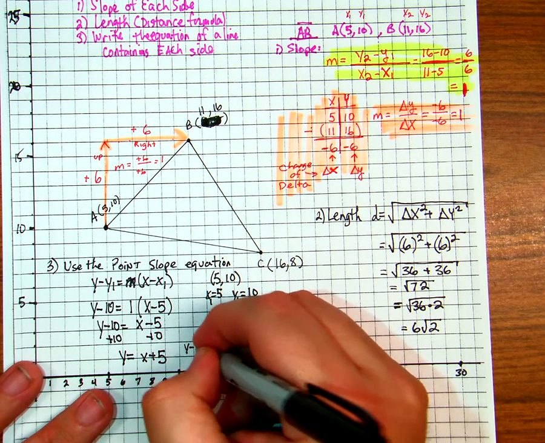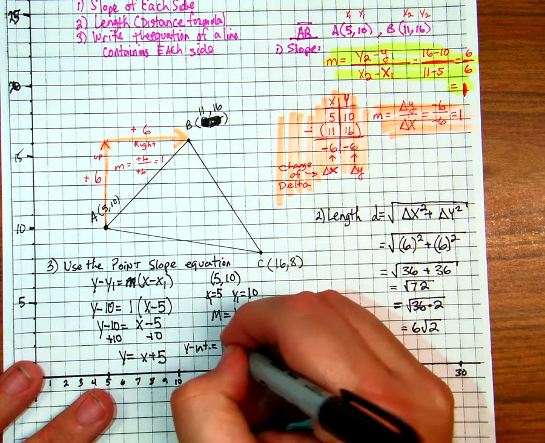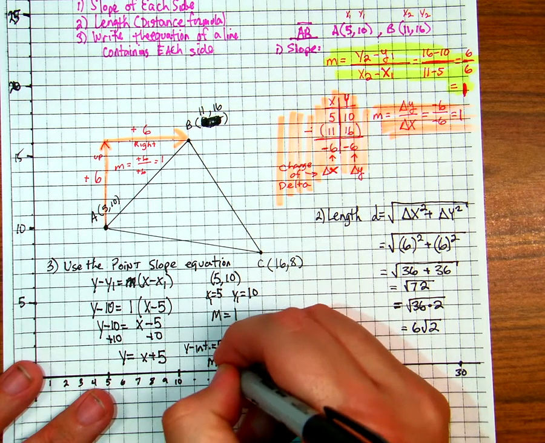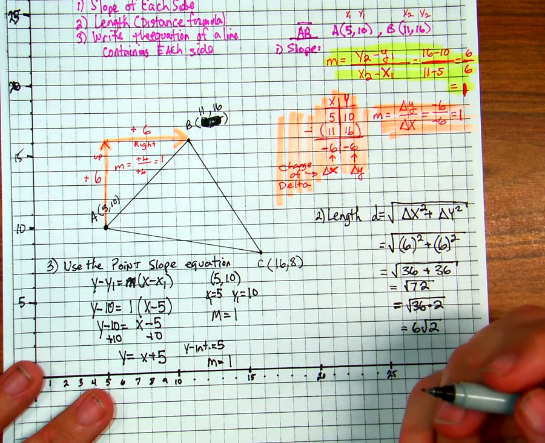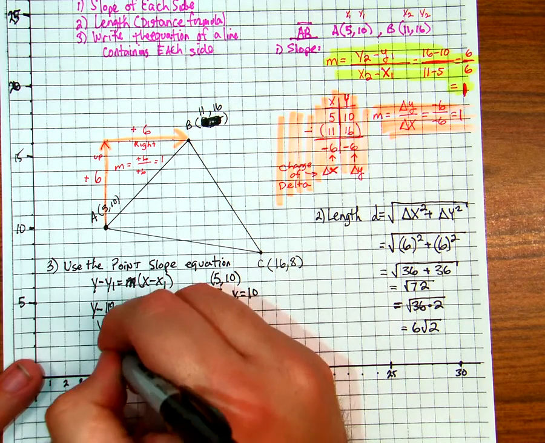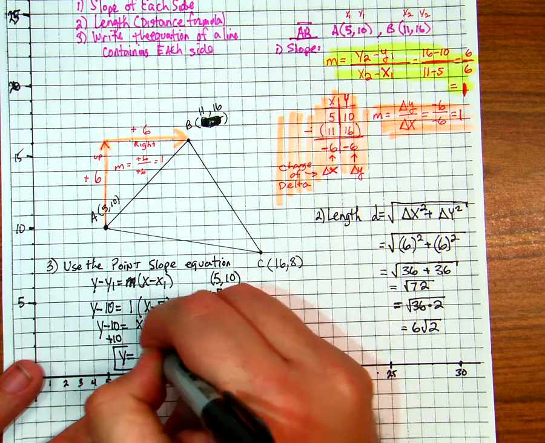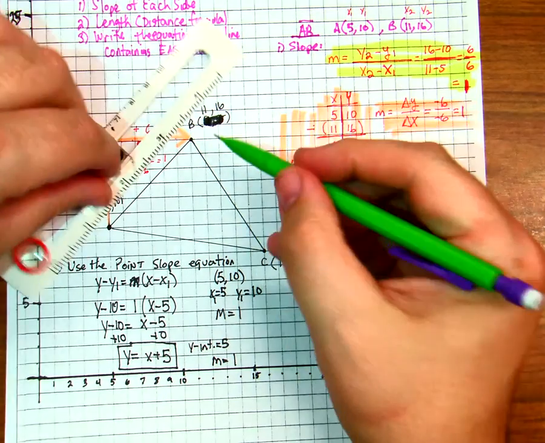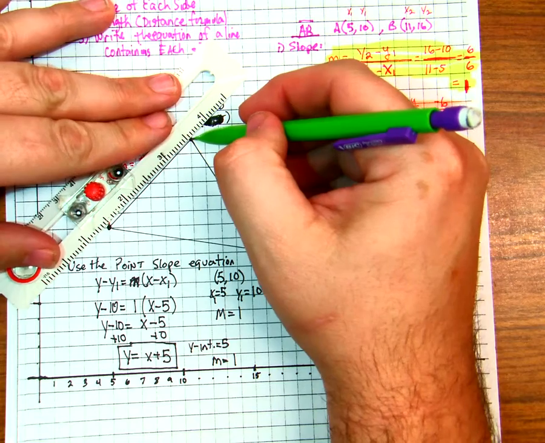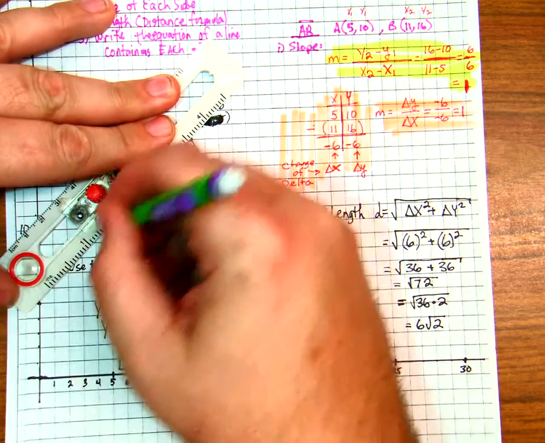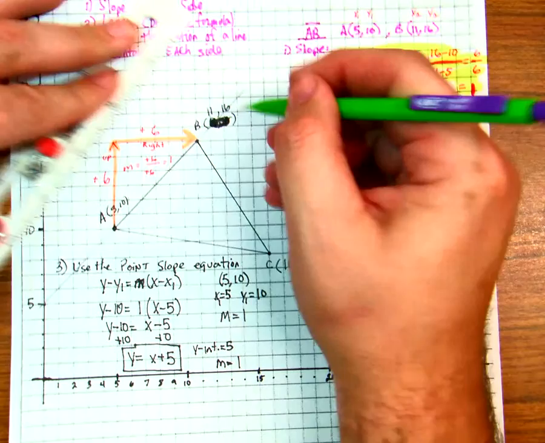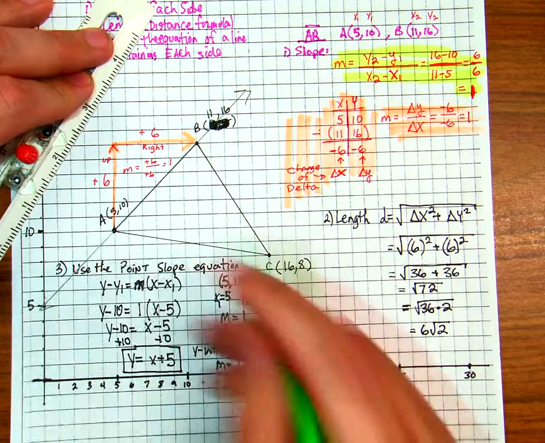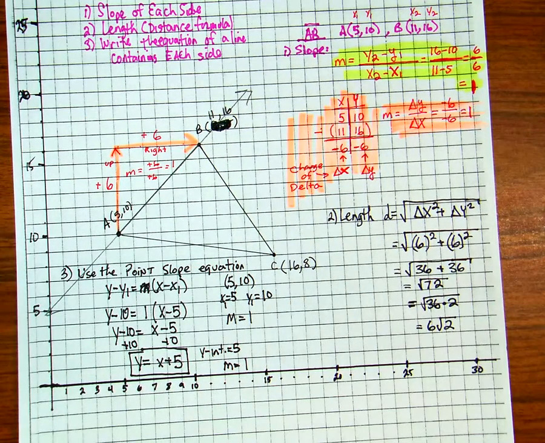My slope is equal to 1. And in this case, I have an equation for the line that, if we extended it out, would cover that, and that would include that side of the triangle. Now your job is to figure out the other two.